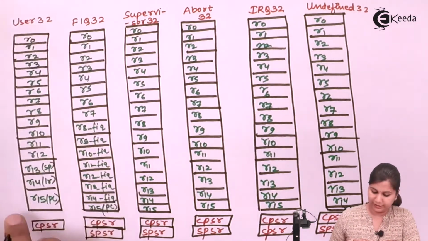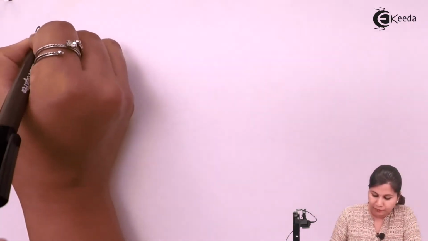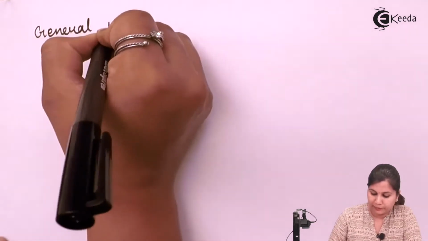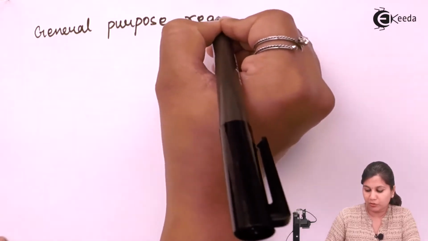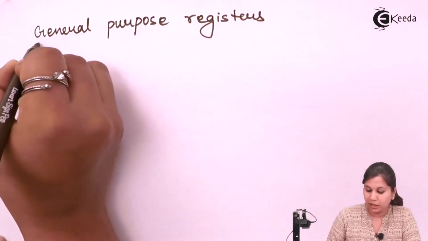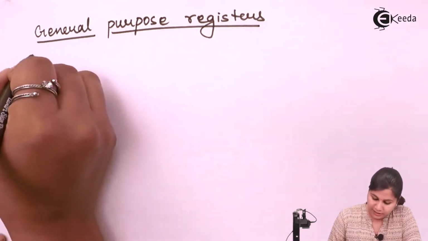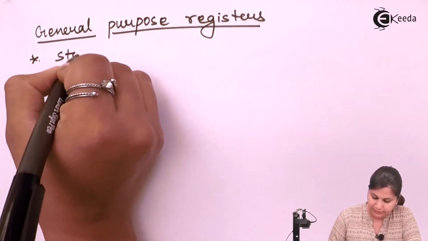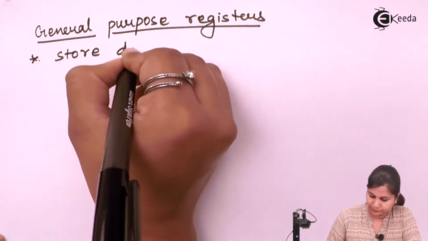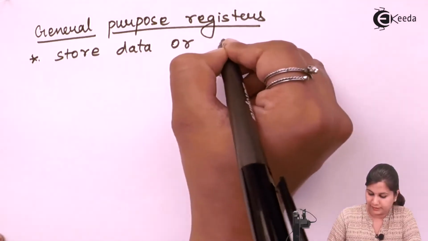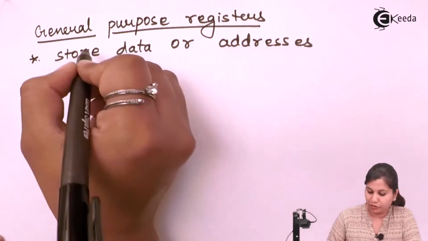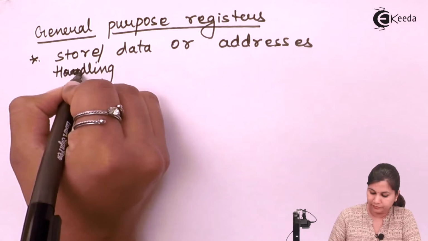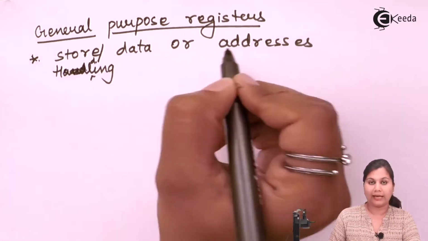Let us first study the first mode, user 32. In this mode some of the registers are general purpose registers. In every mode there will be some registers which are called the general purpose registers. Now what is the function of these registers? They are used to store data or addresses, or we can say they are for holding data and addresses.